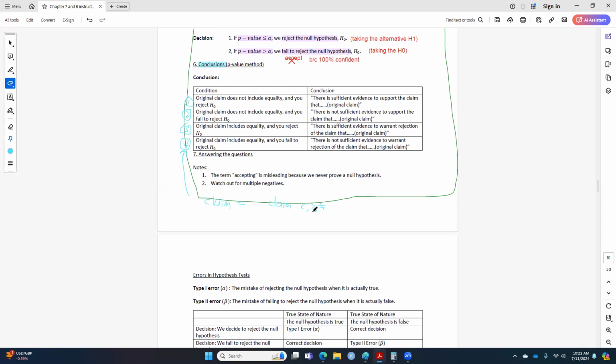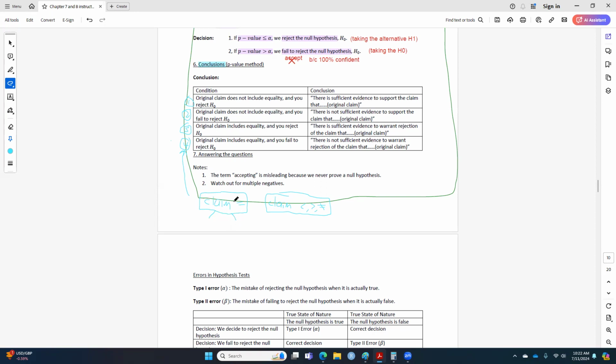When I say the claim statement, I mean the original claim statement. Again, you will learn all this later on, so make sure you are patient, because this is very difficult material.